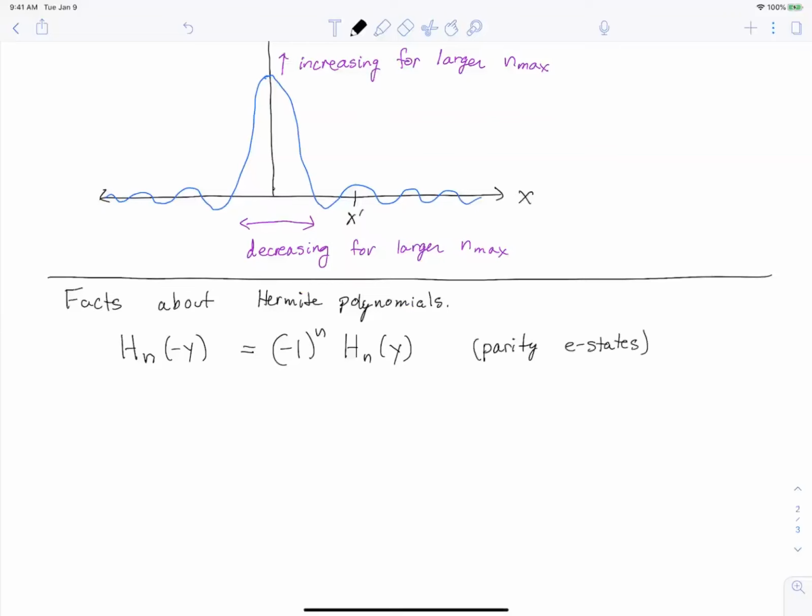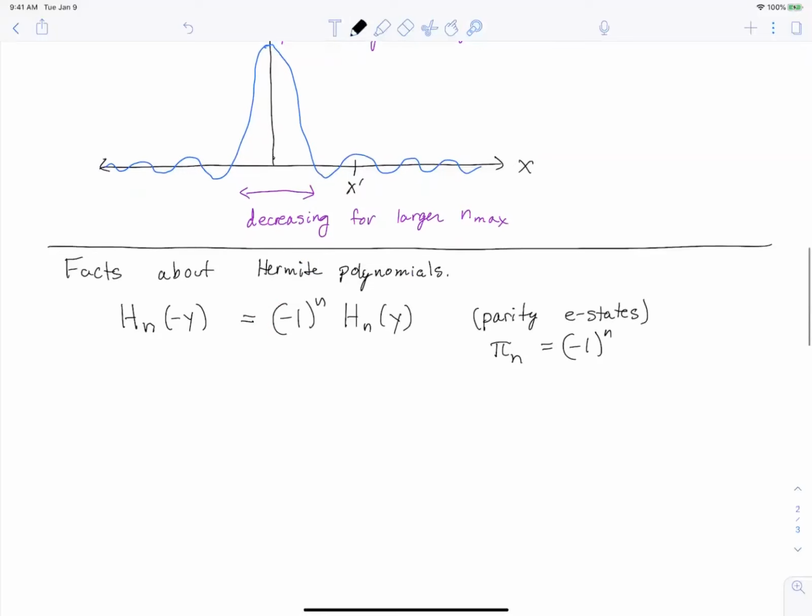And in fact, the parity eigenvalue for the state labeled by n is always 1 or minus 1, and here it's going to be minus 1 to the nth power. And so you just read off what happens when you flip x to minus x. That's the same thing as flipping y to minus y. And so that's where this factor comes from.